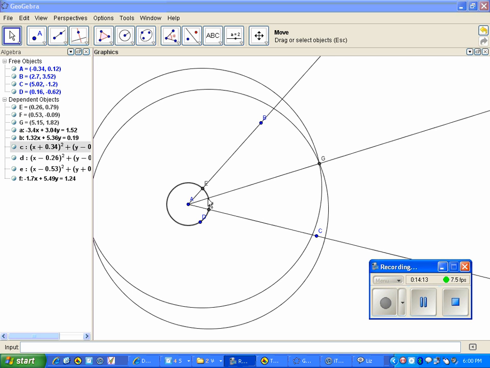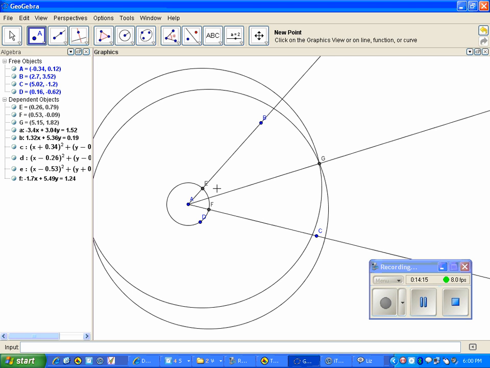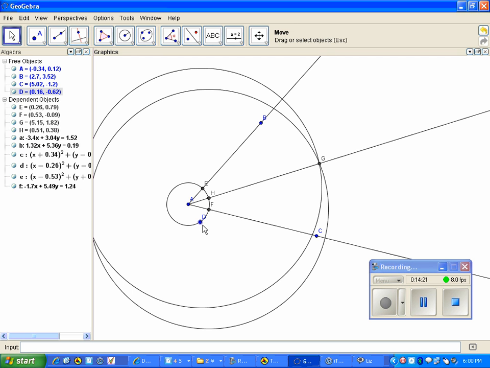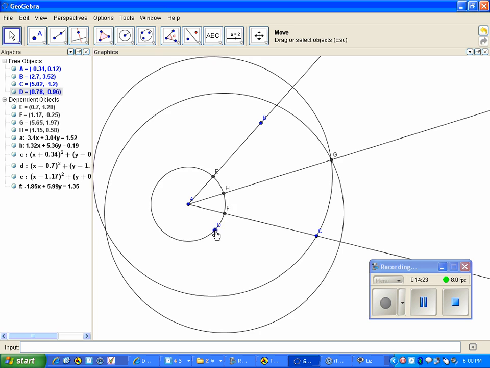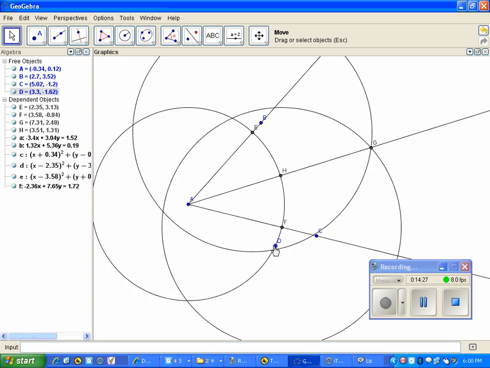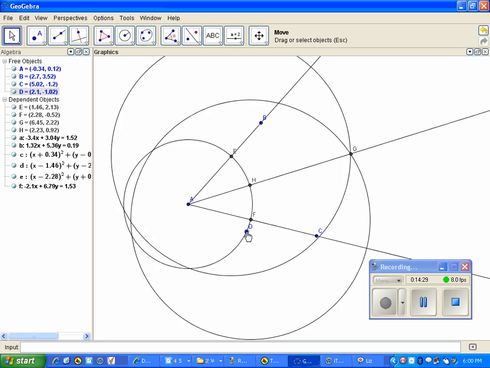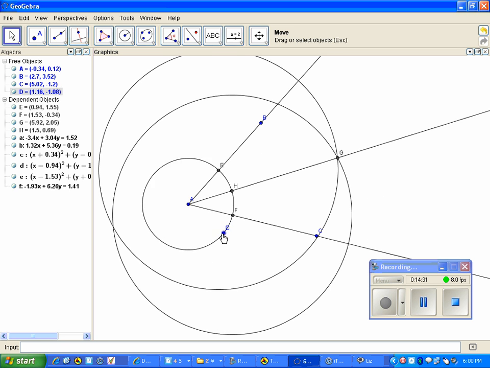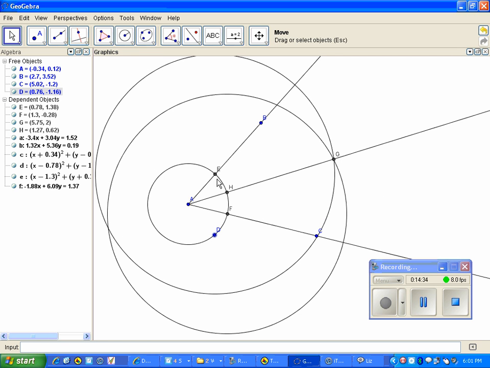Okay, we're going to look at this point here where the circle I started with is meeting my angle bisector. Now if I change my circle, the thing that's always going to be true about that point H is that it's always going to be the same distance from here as it is from here.